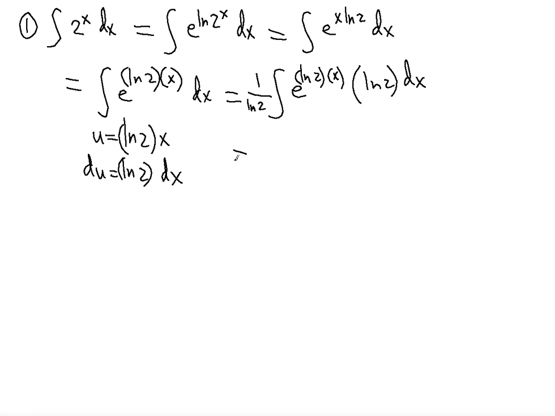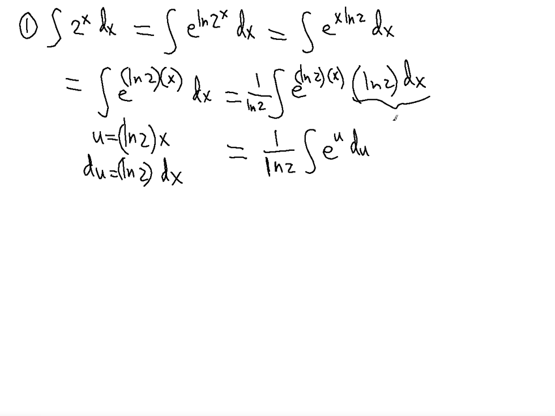So now we will have 1 over ln 2, that's a constant, times e. Well, before that, sorry, I forgot to write it in terms of u. So it's going to be 1 over ln 2 integral e^u du, okay?